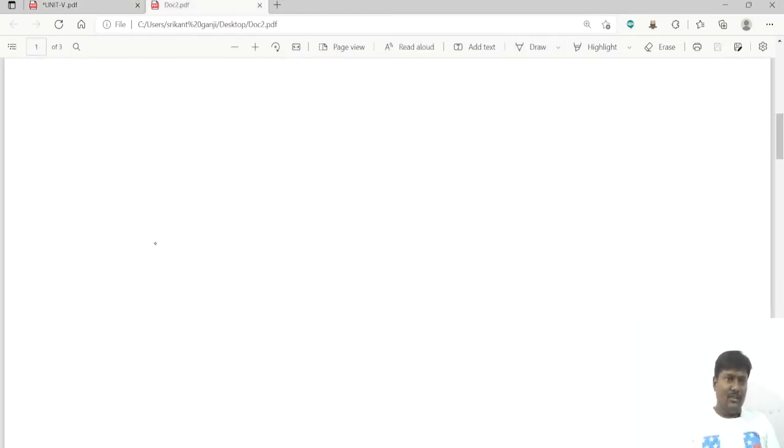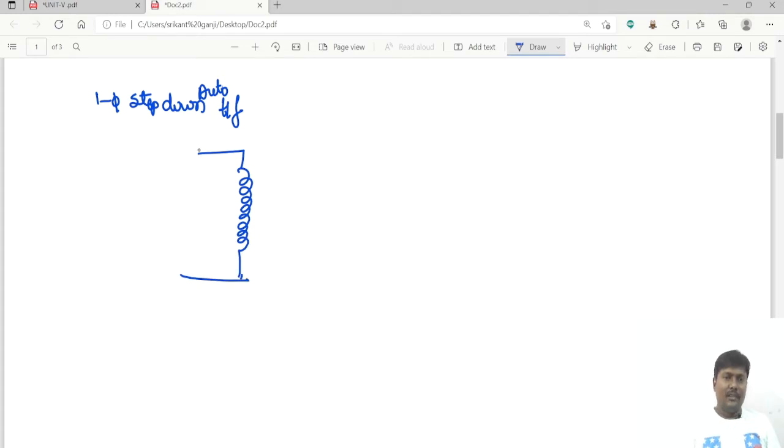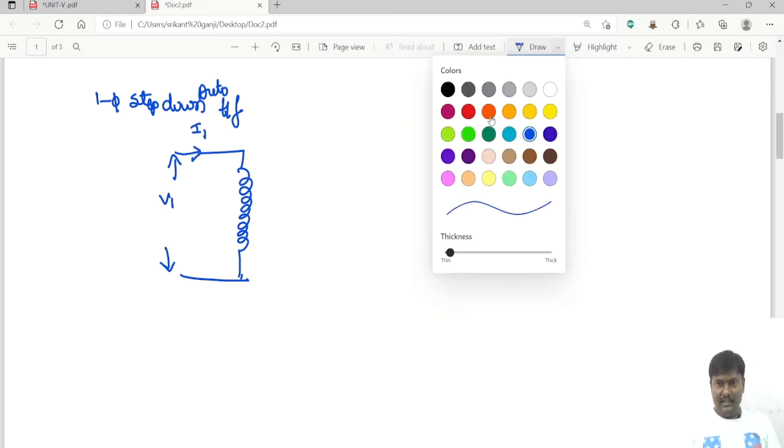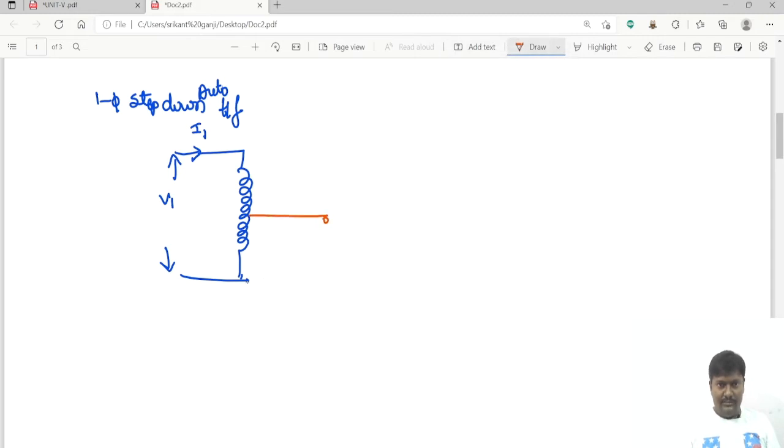So now coming to the single phase auto transformer, that means step down auto transformer. We have a single winding. The input voltage is V1, the input current is I1. We take the output, the output voltage is V2 and the current flowing is I2.